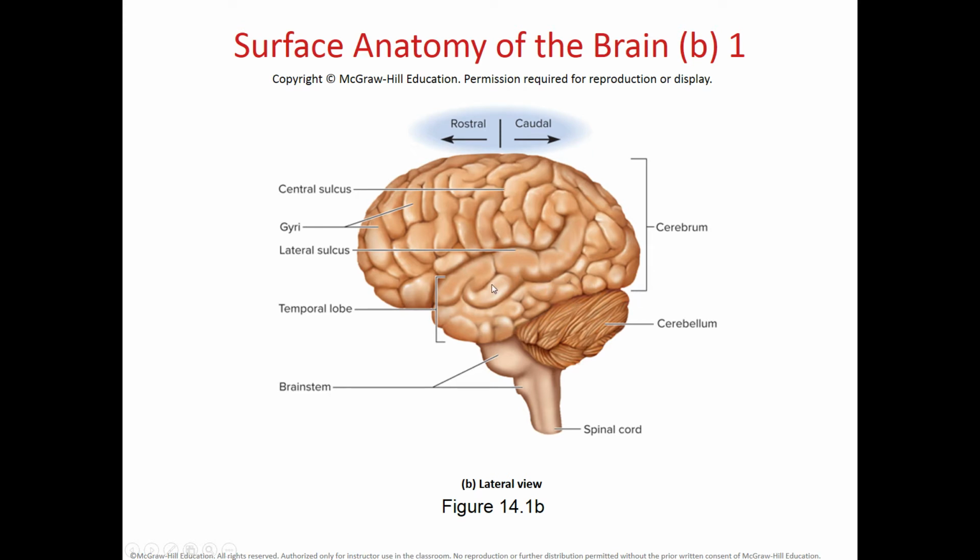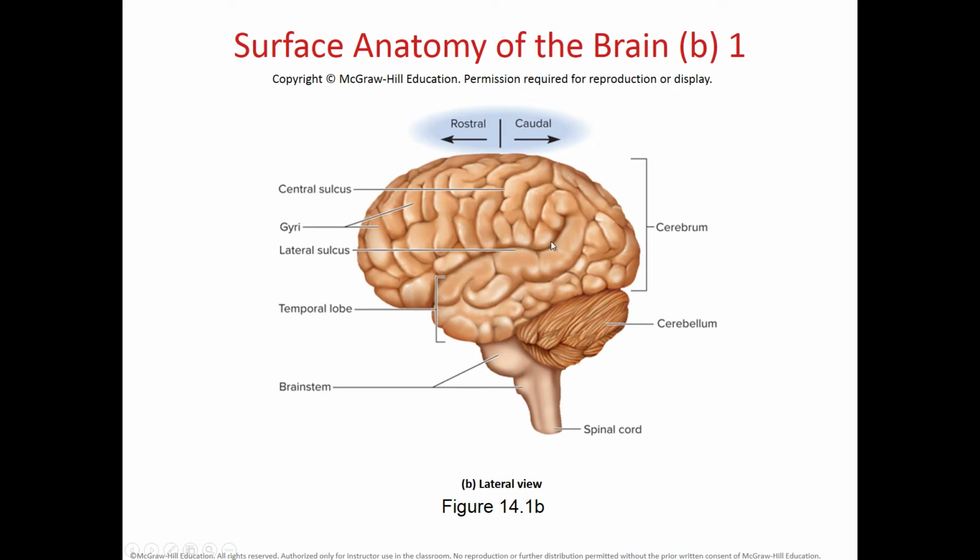On the surface of the cerebrum you can see these convolutions that we call gyri, and indentations in between the gyri that we call sulci. On the surface of the cerebrum we have deeper sulci that have specific names, like the central sulcus here or the lateral sulcus in here.